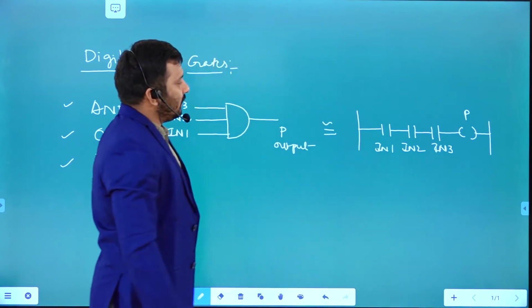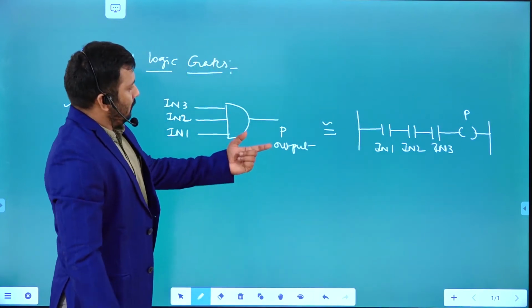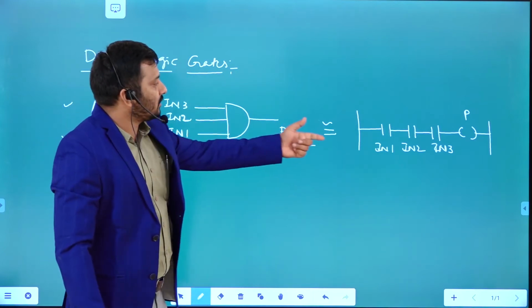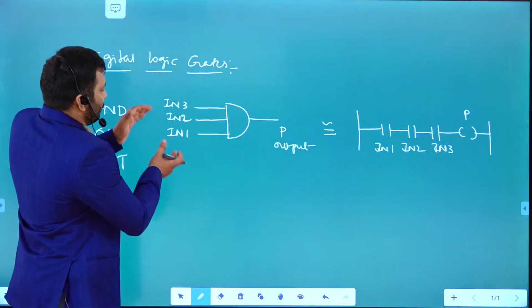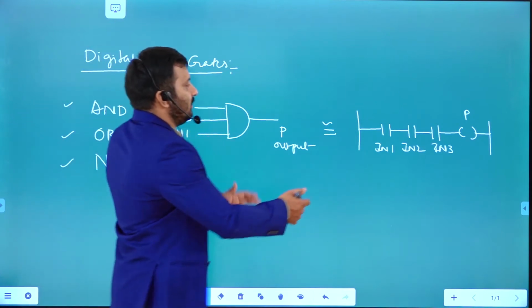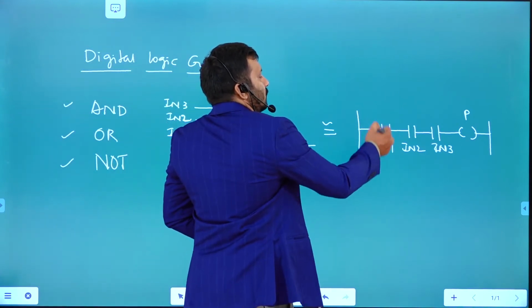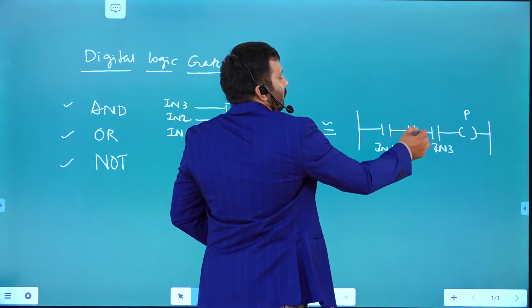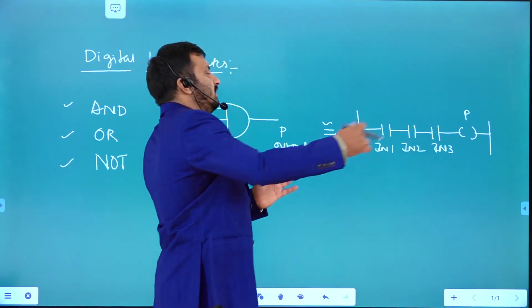So see, this is the equivalent ladder logic circuit of the AND gate. Since 3 inputs are there, 3 normally open contacts are placed in series.